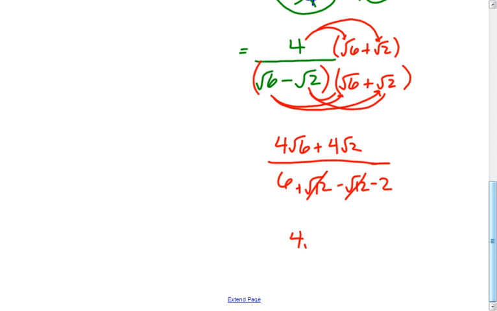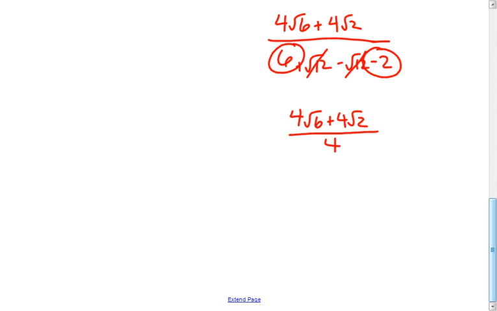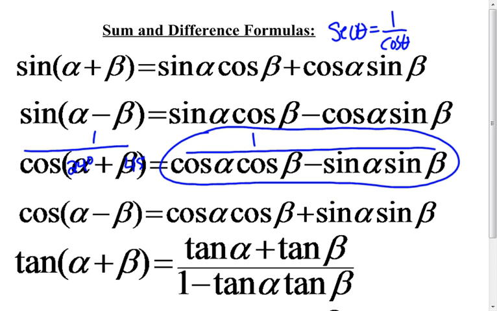And you will have this, 4 root 6 plus 4 root 2 all over 6 minus 2, which is 4. And then, of course, all those lovely 4's can reduce, so those can all be canceled, and you simply have root 6 plus root 2. Phew. Okay, so there's that one, and I have one more for you.